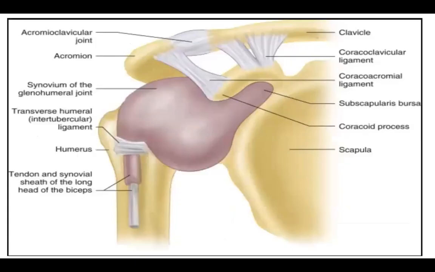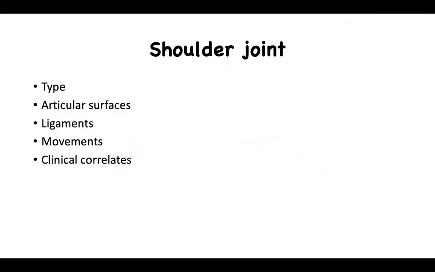Okay, if we come to the points, we covered types, articular surfaces, we talked about the ligaments and the clinical correlates. The movements of the shoulder joint: we have flexion, extension, abduction, adduction, and circumduction. These are the movements applied by the shoulder joint. You have a lot of muscles that produce these movements, but I want the main. What is the main flexor to the shoulder joint?